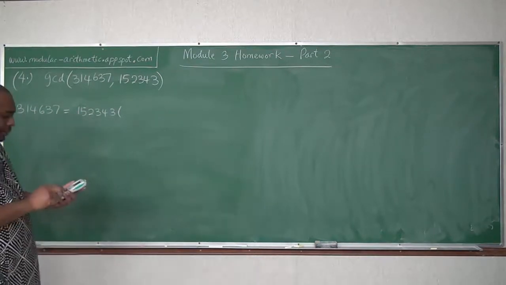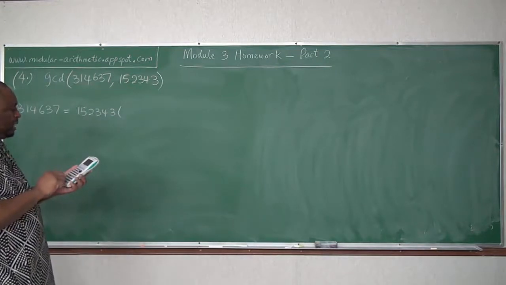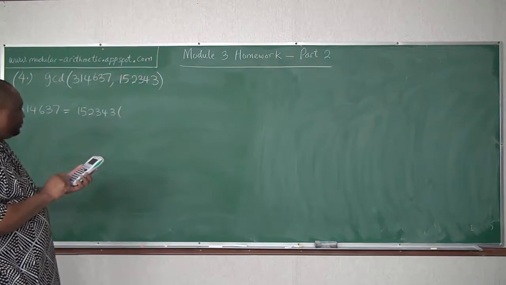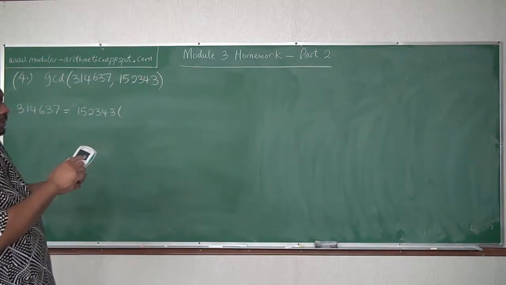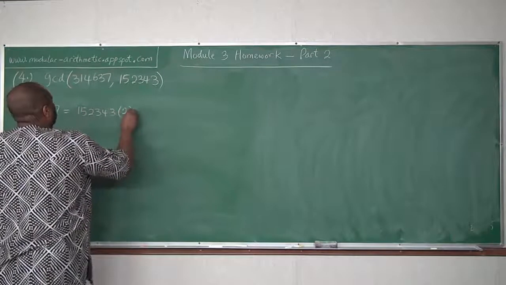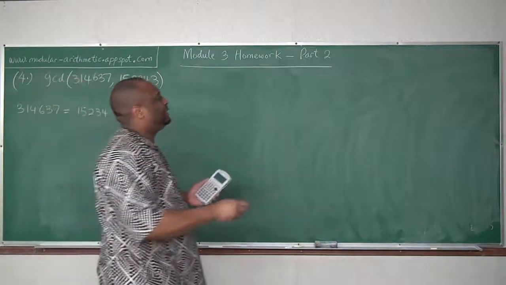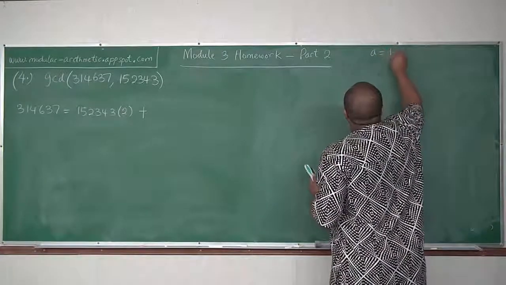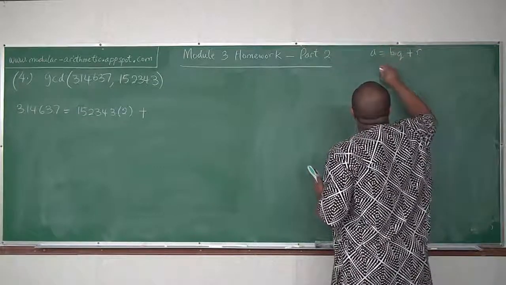With the calculator, 314,637 divided by 152,343 gives 2 point something. I take the integer part, 2, plus the remainder. Remember, A equals BQ plus R.